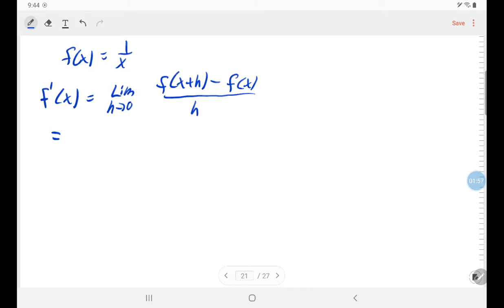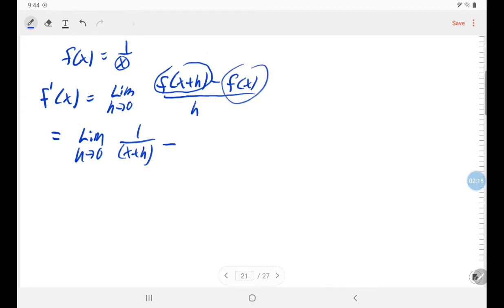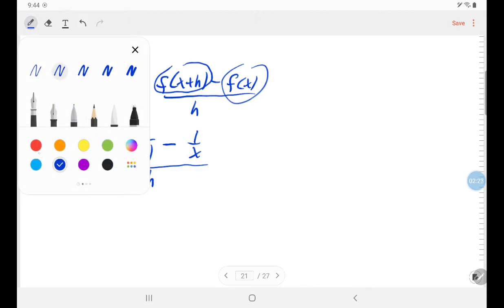To find f of x plus h, all I really do is replace the x with x plus h. So instead of 1 over x, I'm going to have 1 over x plus h, minus f of x, which is 1 over x, and then all over h.